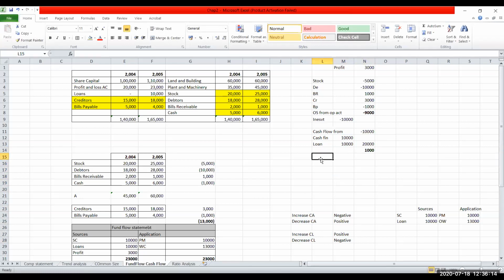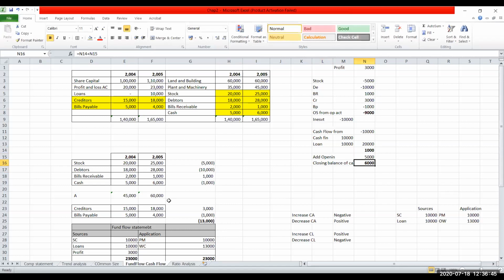To this, you have to add the opening balance of cash. What is the opening balance of cash? Opening balance of cash is 5,000. So I'll add 5,000. So this will be your closing balance. This plus this will be the closing balance of cash.